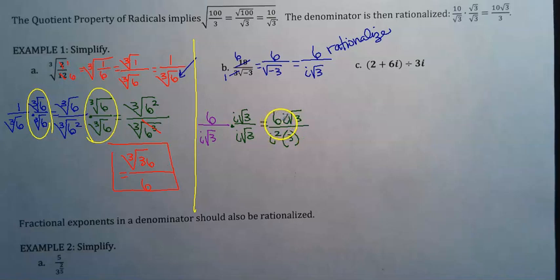My 6 and my 3 here can cancel. So 6 divided by 3 is 2, 3 divided by 3 is 1. So now I have 2i times the square root of 3 over i squared, but i squared is equal to negative 1.